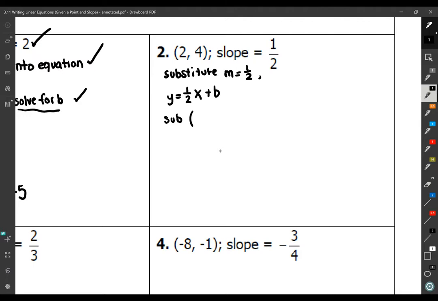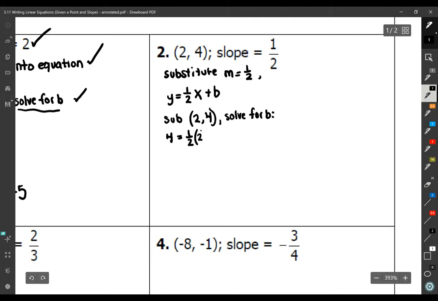Now I'm going to write sub instead of substitute because I'm lazy. We're going to sub in the point 2, 4, and then solve for b, okay? So 4 is our y, 2 is our x, plus b, right?